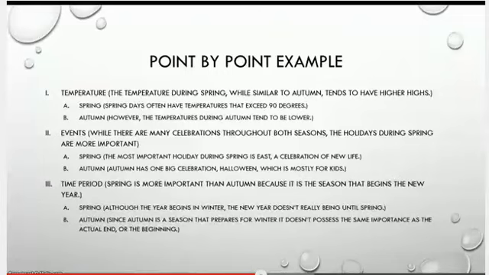Spring is more important than autumn because it is a season that begins the new year. Notice that for each body paragraph, you are comparing and contrasting spring and autumn. Right? You have your main point, which is temperature, events, or time period, and then your concrete details in the paragraphs explain how they are similar or different regarding that point. And that is why this is called the point by point, because your paragraphs are organized by point.